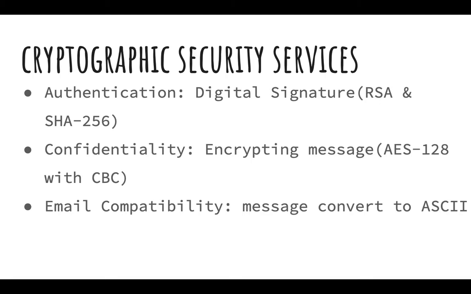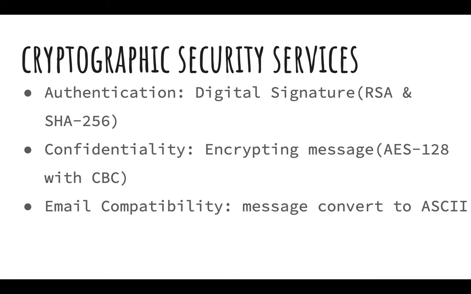Because of the strength of RSA, the recipient is assured that only the possessor of the matching private key can generate the signature. Because of the strength of SHA-256, the recipient is assured that no one else could generate a new message that matches the hash code, and hence the signature of the original message.